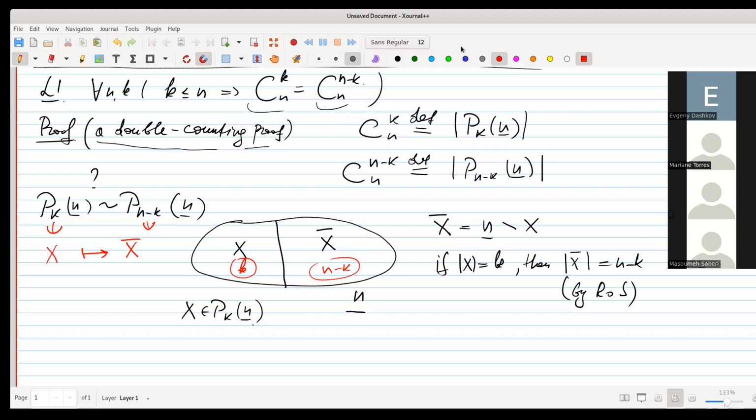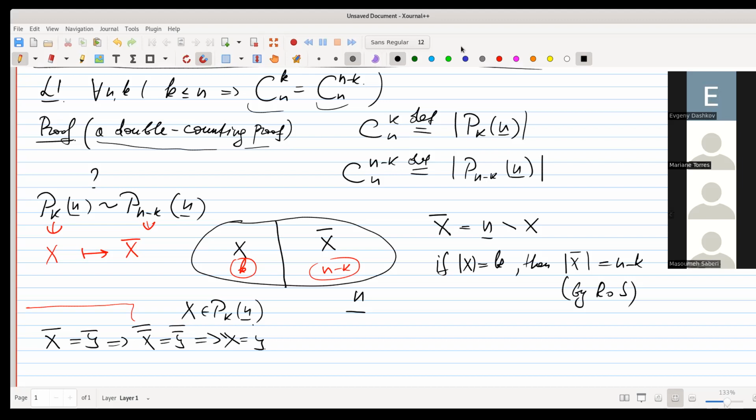Is this function injective? This must be obvious for you. If x complement equals y complement, then the complement of the complement gives x equals y. So it is injective. Is it surjective?